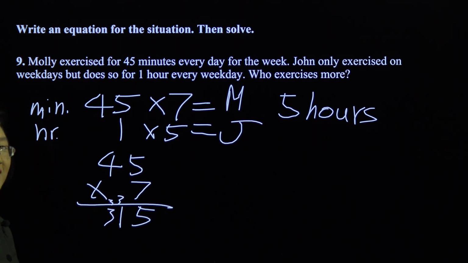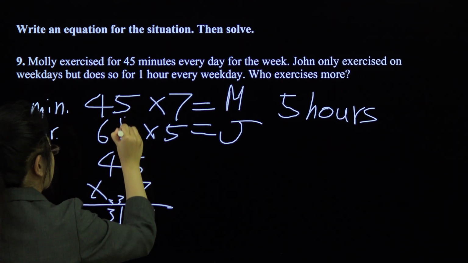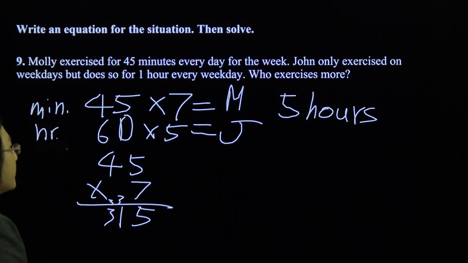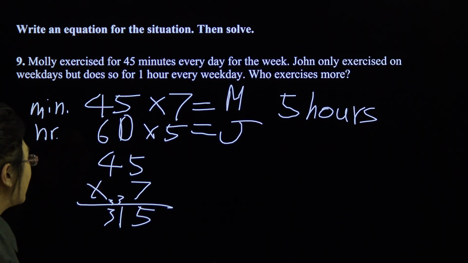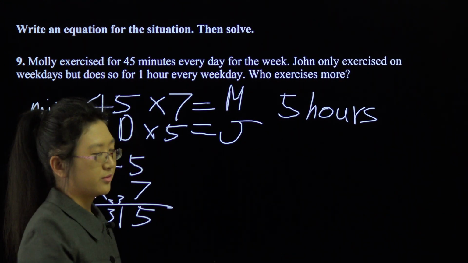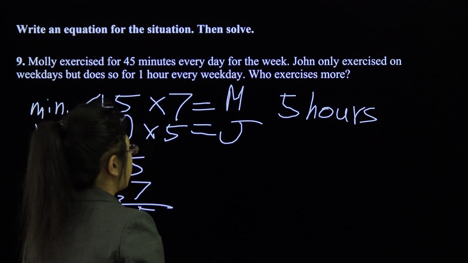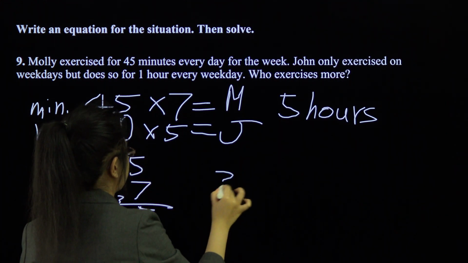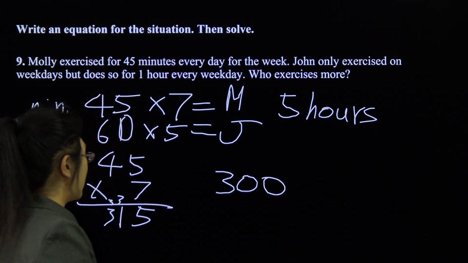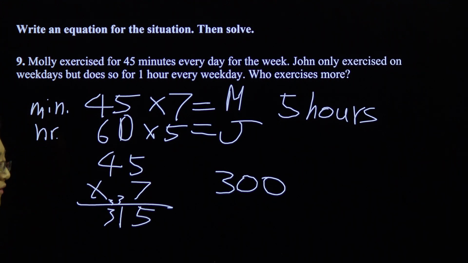Yes, guys, these are the short forms. It's technically 60, because 1 hour is 60 minutes. We still end up with Molly exercises more. Because 60 times 5 is 300, and 45 times 7 is 315.